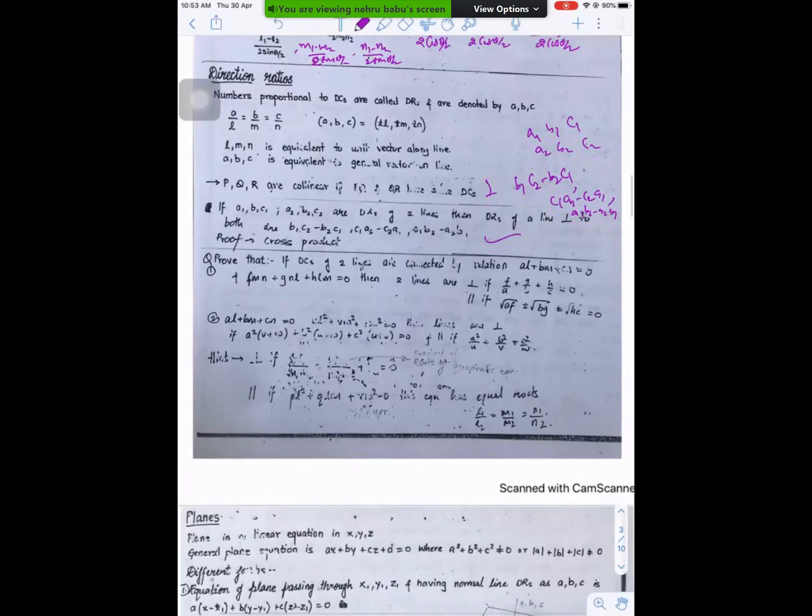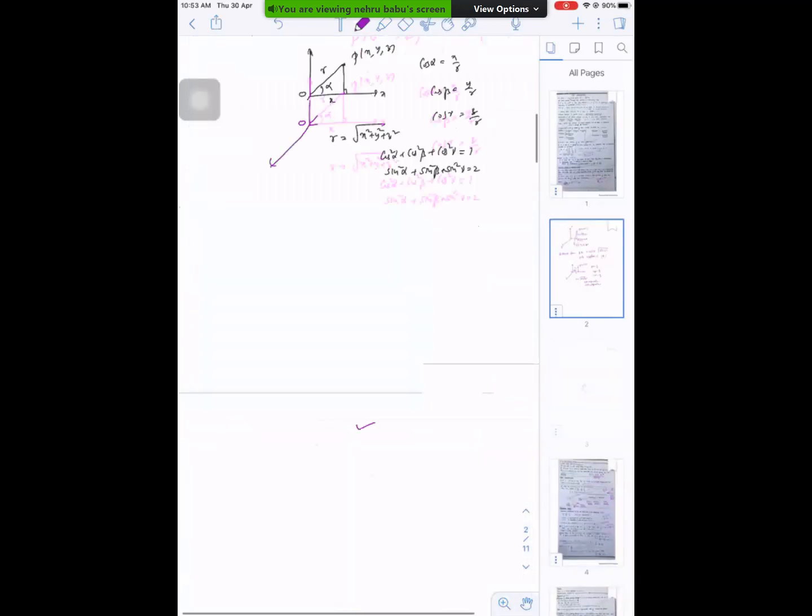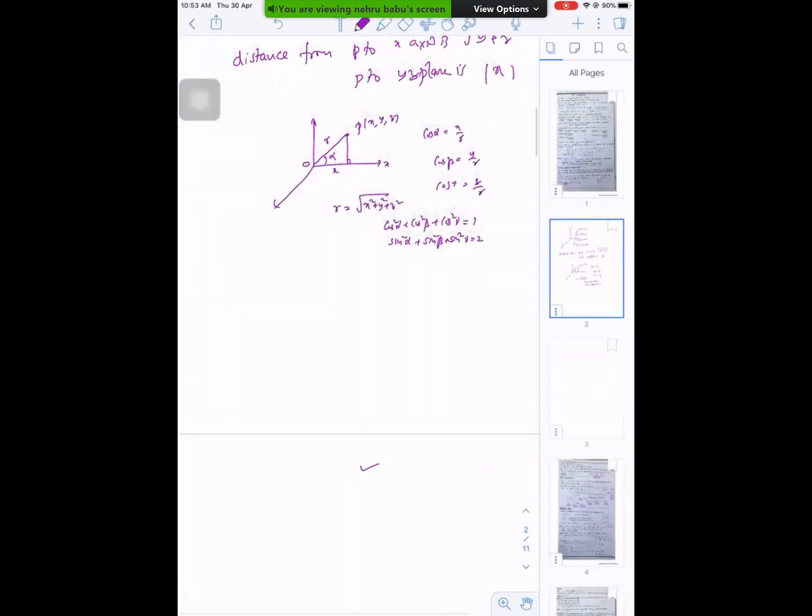And here, there is no problem here, but some results are important in this. Like they will give some questions like: L plus M plus N equal to 0, 2LM plus 3NL minus 5LM equal to 0, 5LM, MN, 5NM equal to 0.